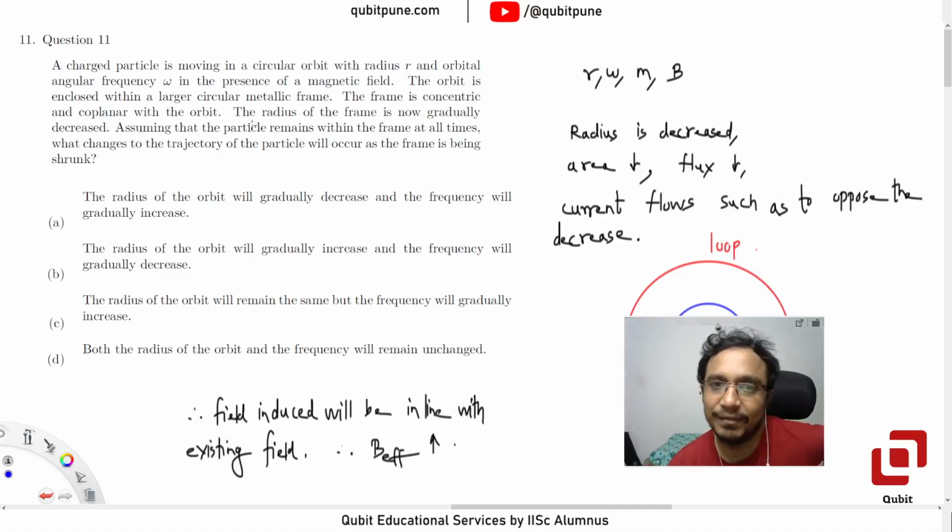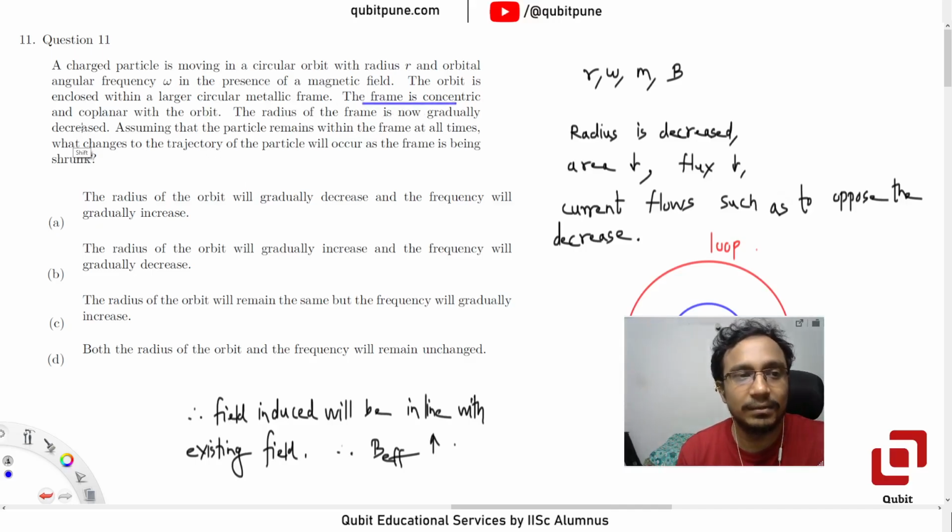The orbit is enclosed within a larger circular metallic frame. The frame is concentric and coplanar with the orbit. The radius of the frame is now gradually decreased. Assuming that the particle remains within the frame at all times, what changes to the trajectory of the particle will occur as the frame is being shrunk?